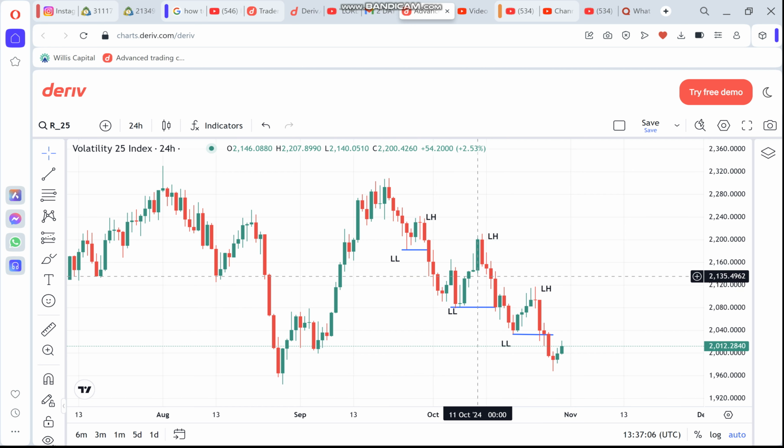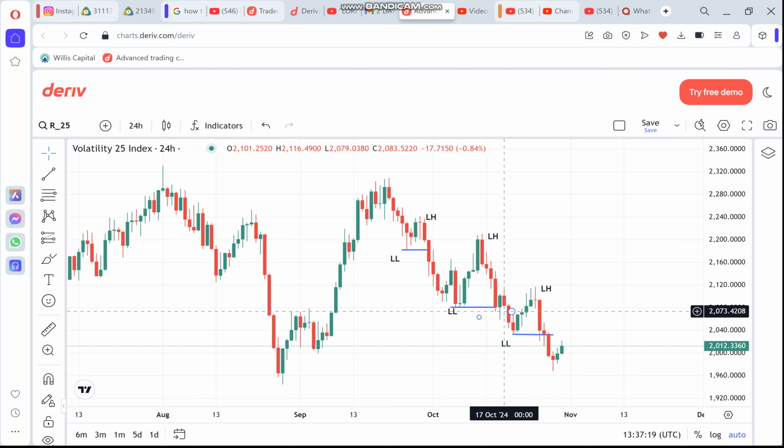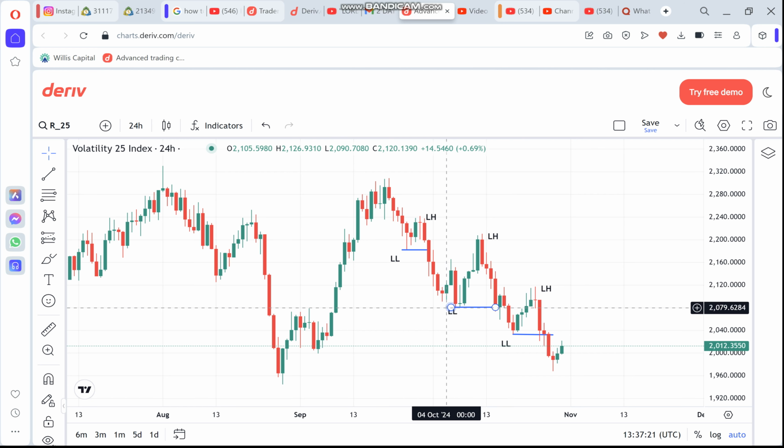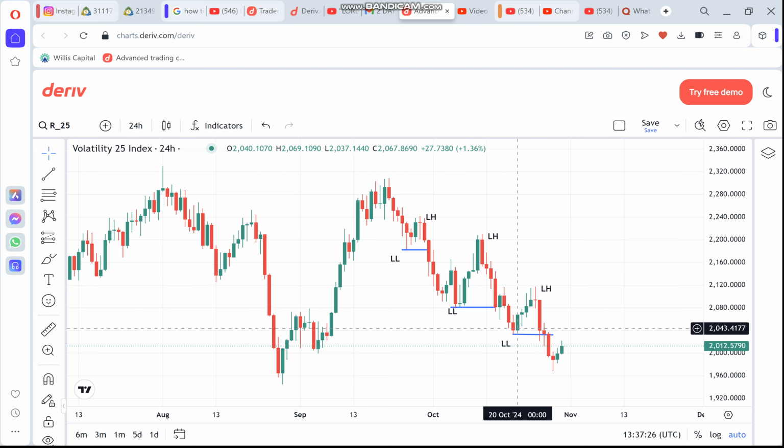So we take opportunities after the liquidity has been swept or after the end of the pullback, and from there we look for an opportunity to sell, targeting our structure here, our lower low there, and so on.